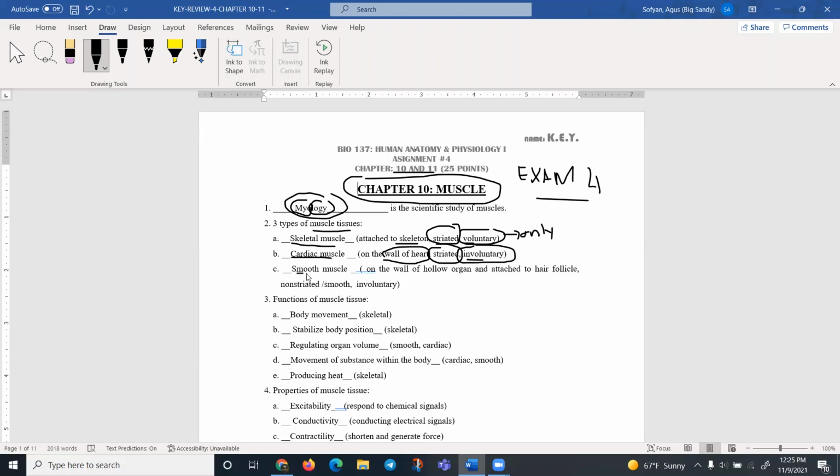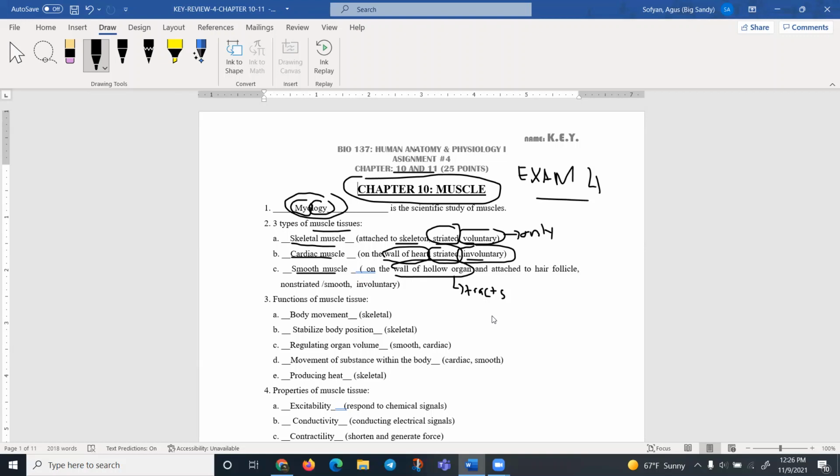The smooth muscle, this is the third type of muscles, located mostly on the wall of hollow organs. Okay, so this is tract organs like GI tract organs, esophagus, stomach, intestine. Okay, so this is the smooth muscle.